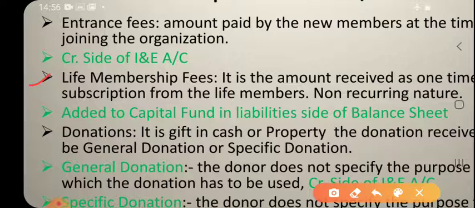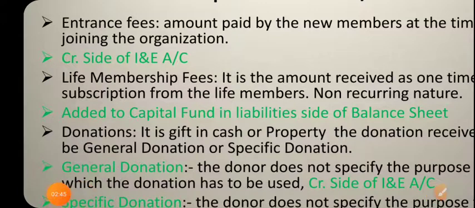But what is life membership fee? It is a one time payment, an amount which is received once in a life.